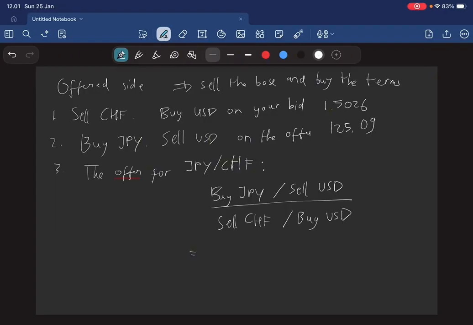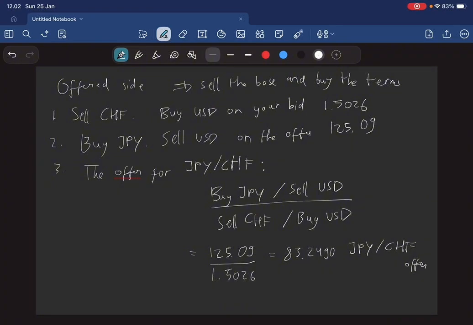So this will be 125.09 divided by 1.5026, equal to 83.26. Offer.